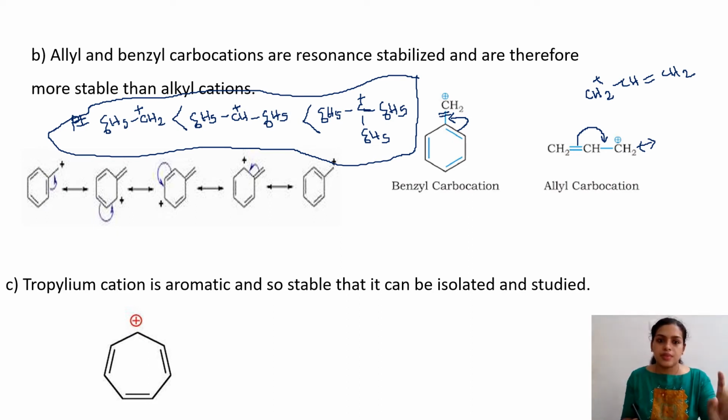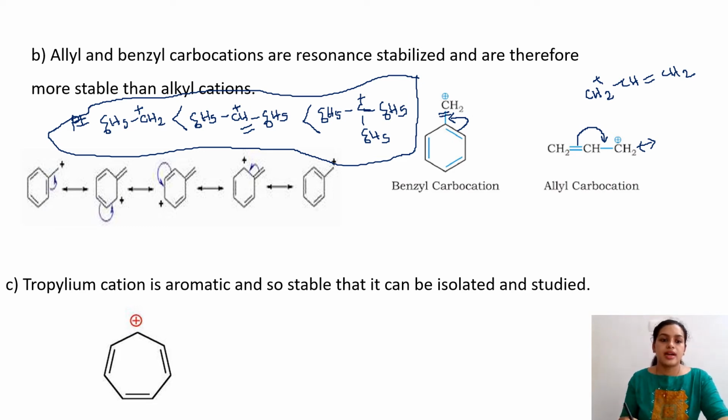In the case of benzyl carbocation, we have seen 5 resonance structures, and if you add another benzene ring, the number of resonance structures doubles. In this one there will be 10 resonance structures, and in the case of triphenyl methyl carbocation, there will be 15 resonance structures. Therefore this becomes the most stable among these three.